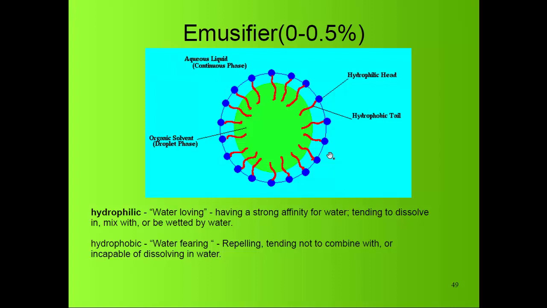So in this case, you have this water loving part that sticks out and combines with the water, and then you have this water fearing part that sticks into the fat or protein.